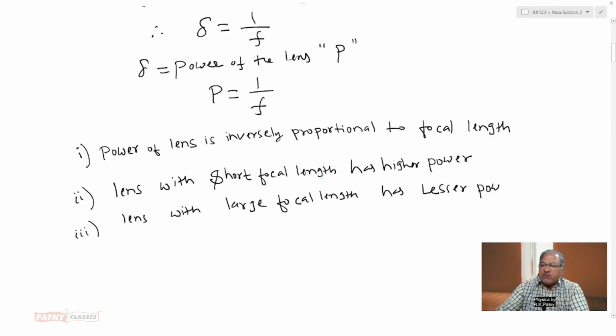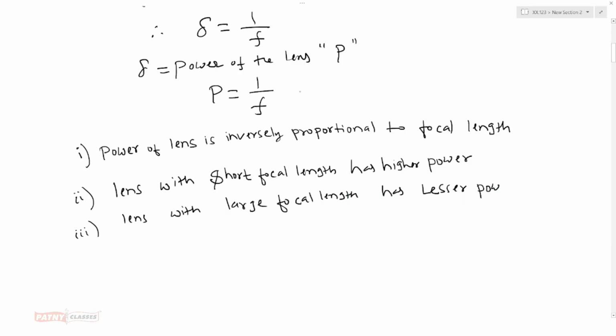A lens with shorter focal length has higher power. That is the second observation. A lens with larger focal length has lesser power. This is the third observation. Power of a lens is measured in diopters. Diopter is the SI unit of power of a lens.